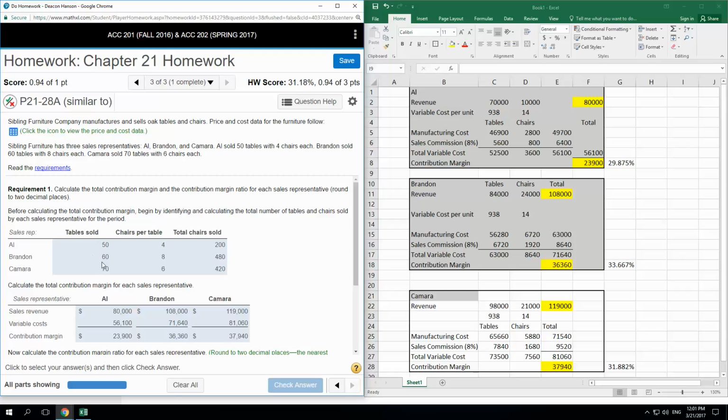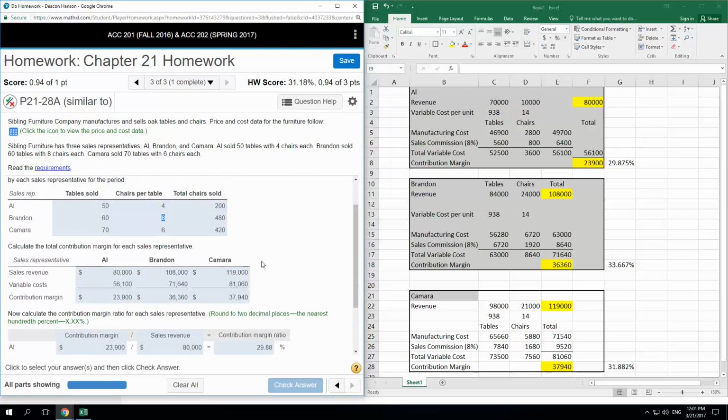He sold a lot of tables. He didn't sell the most tables, but the number of chairs that go with his tables is the highest, right? So he ends up selling more chairs than anybody, and he's kind of in the middle for tables.